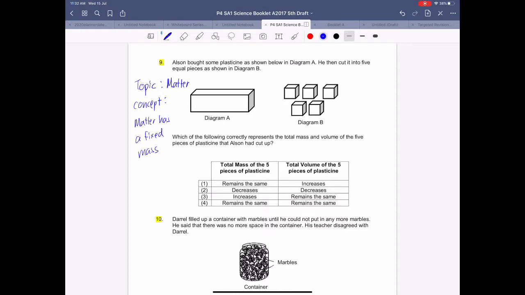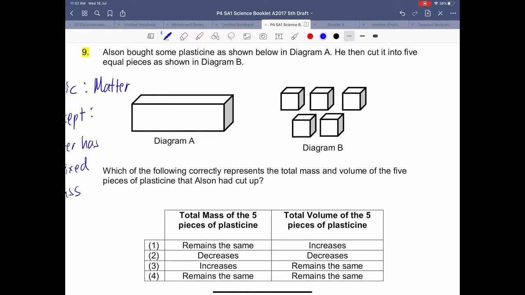So mass is the amount of substance used to form an item, or the amount of substance that an item has. Alright, so that is mass.